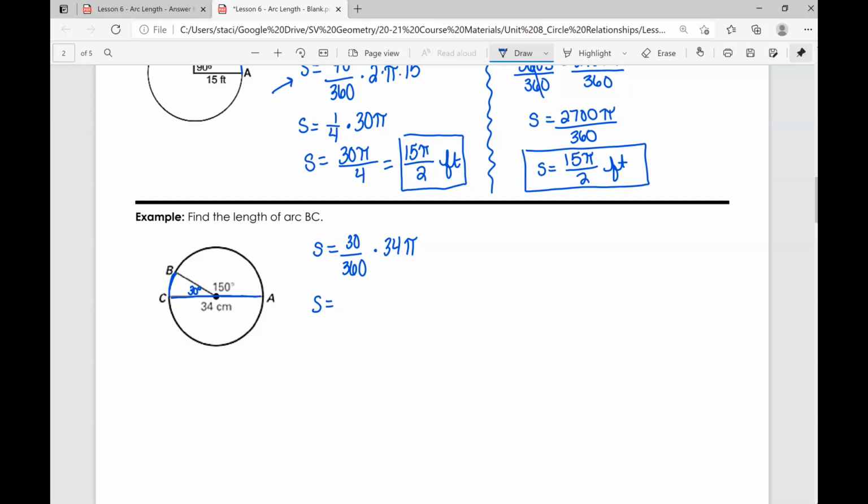So this would make the fraction 1/12 times 34 pi. So then when I multiply, I would have 34 pi over 12, which I need to simplify. So think about what number I can take out of 34 and 12, and the answer to that is 2. So I get 17 pi over 6, and that would be centimeters. And this would be my exact answer.